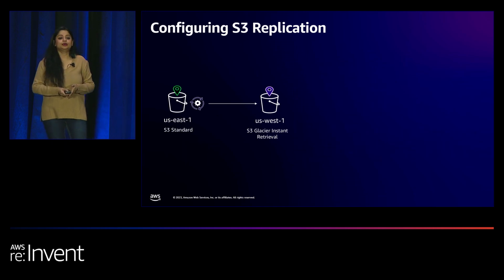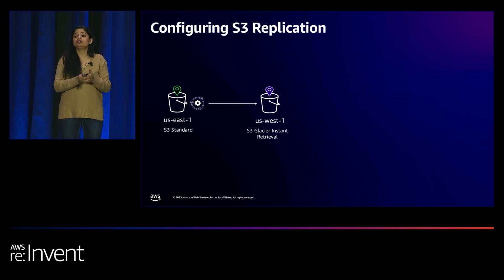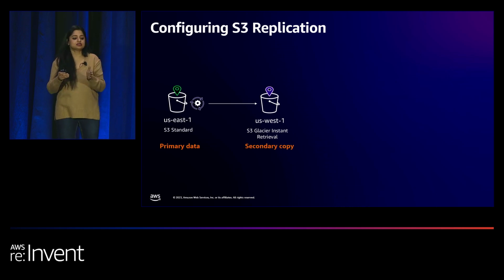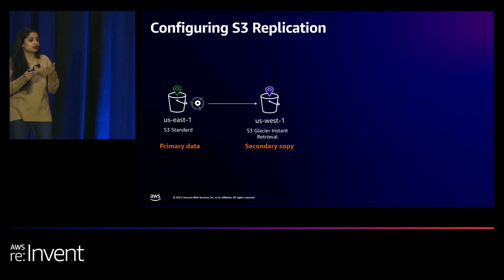With that, we have our simple cross-region replication rule to replicate objects from our primary bucket in US East 1 to our backup bucket in US West 1. Now, this replication rule can be used to replicate all the new objects that are uploaded to our primary bucket. But what about your legacy objects?